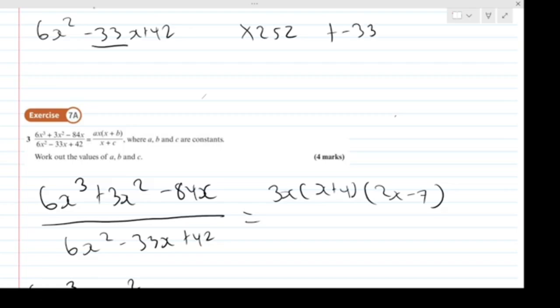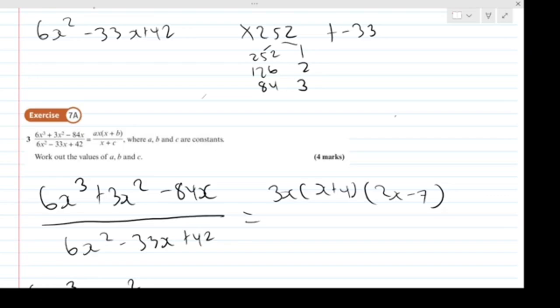So we're going to consider the factors of 252. 252 and 1, then 252 divided by 2 is 126. No, what about divided by 3? 84 and 3. No, we're getting closer to 33, but if I add or take them away I get 87 or 81, no, but we're getting closer.